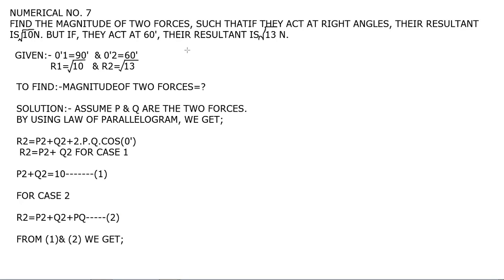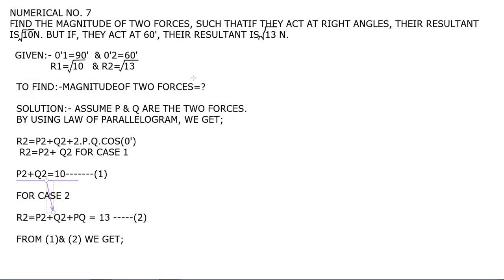Also for case 2, your R is equal to under root of 13. So therefore R square will be equal to 13 for case 2. Also you have to put this P square plus Q square whole expression in here.